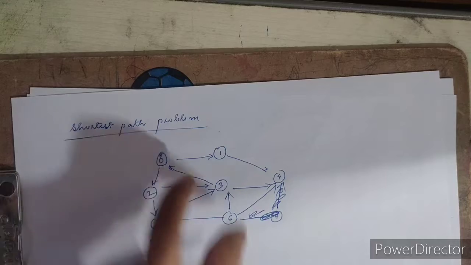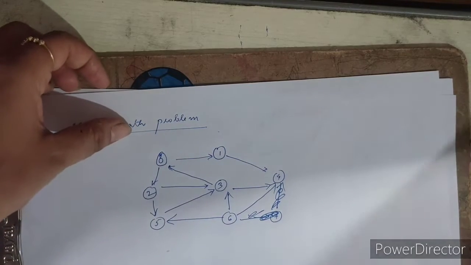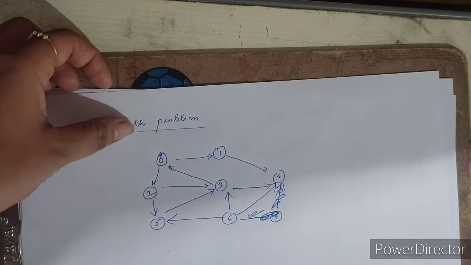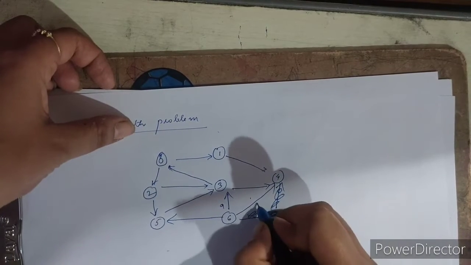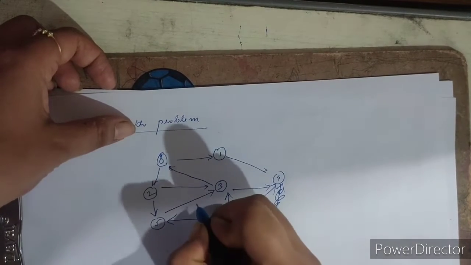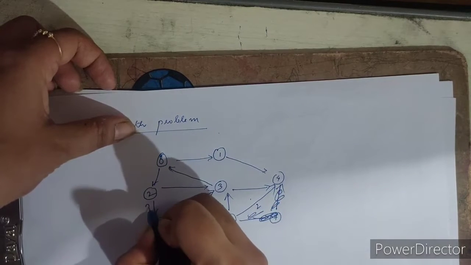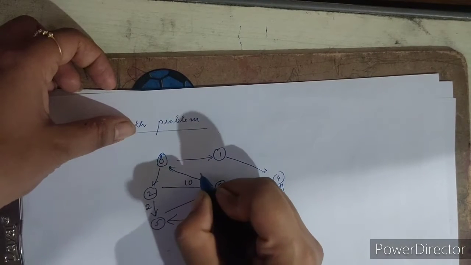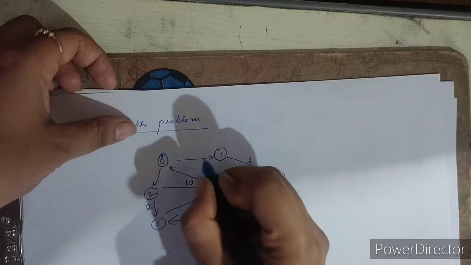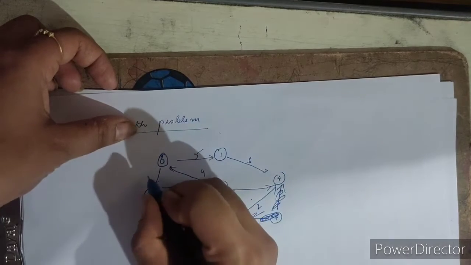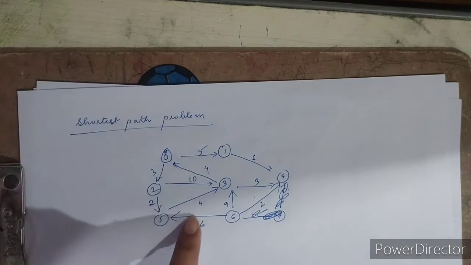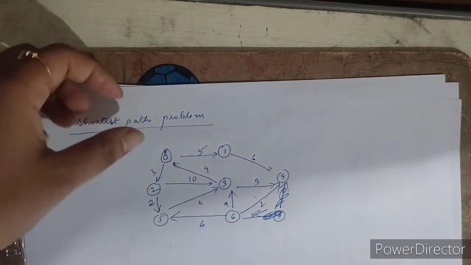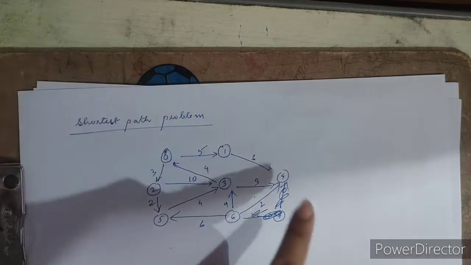You can see the edge weights are 9, 2, 6, 4, 2, 10, 4, 6, 5, 3 and 3. Suppose we have to go from vertex 0 to vertex 4.